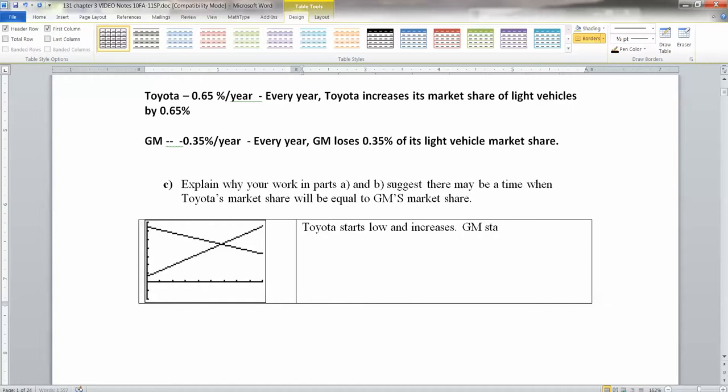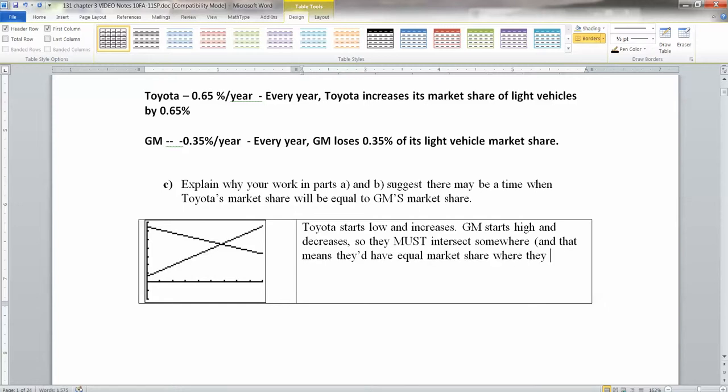GM starts high and decreases. So they must intersect somewhere in the middle. Or it's not really a middle, so they must intersect somewhere. And that means they'd have equal market share where they intersect.